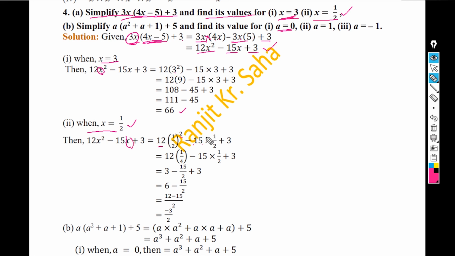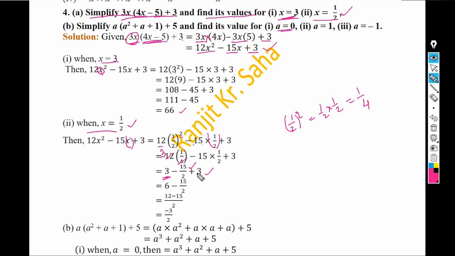Instead of x, it is half plus 3. Can you say it is 12 and square of half? You can write 1 by 2 into 1 by 2, that is 1 by 4. 1 by 4 and 4 3s are 12. Ultimately it is 3. 15 by 2 and it is 3.